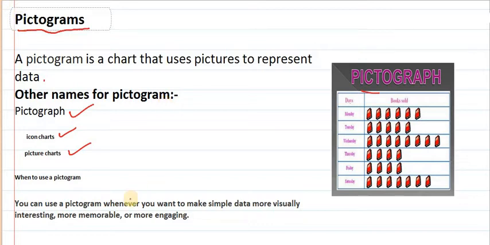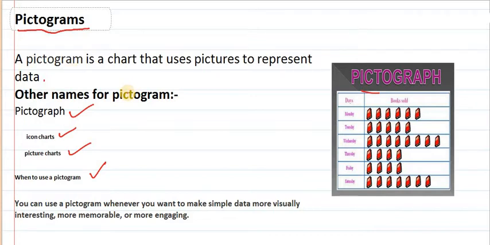Now the question is when to use a pictograph. You can use a pictograph or pictogram whenever you want to make simple data more visually interesting, more memorable, or more engaging. Instead of numbers, when we use pictures, the data becomes more interesting and clear to the students.